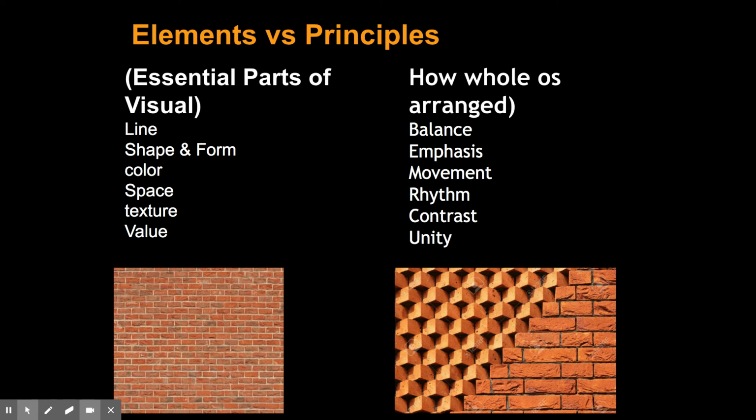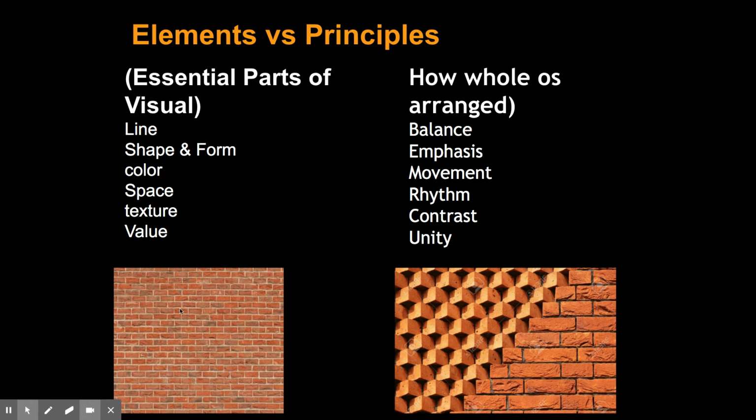So earlier in the semester, we talked about the elements: line, shape and form, color, space, texture, and value. And those are essentially essential parts of an image, right? You can't make a visual without them, right? So in this little thing here, there is always going to be some sort of line, say the grout between.